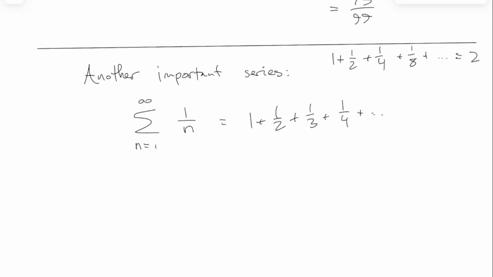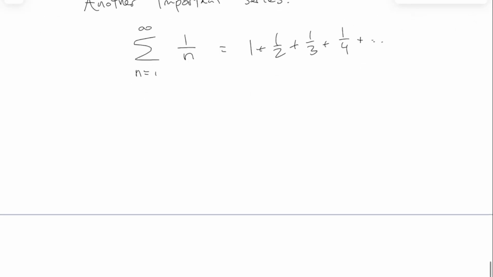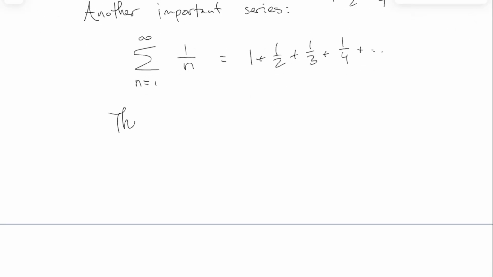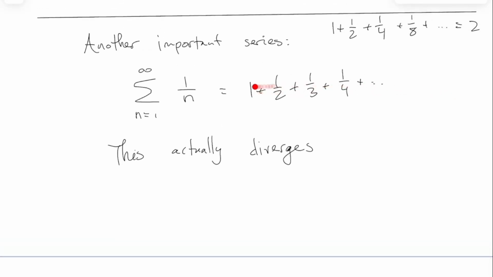So that's what I want to spend the next 8 minutes explaining. This actually diverges, or you could say, on the playground, I would say this adds up to infinity, although now as a serious adult, I don't say something adds up to infinity, I say it diverges, but this actually becomes infinite when you add together all of those fractions.